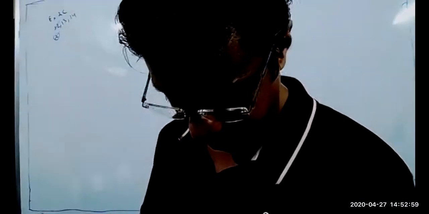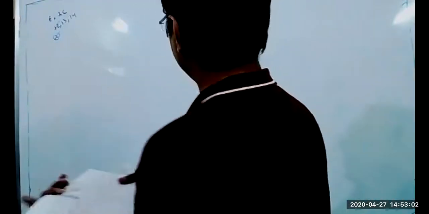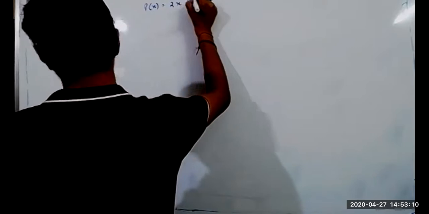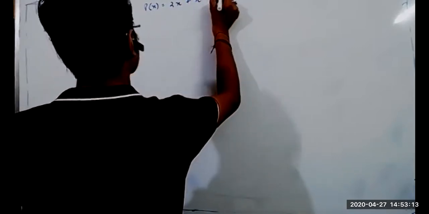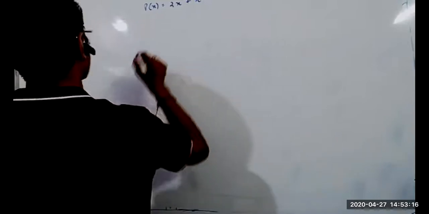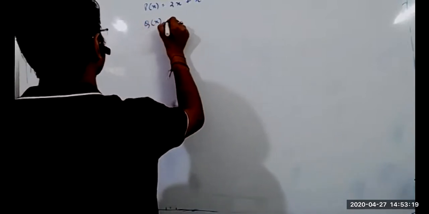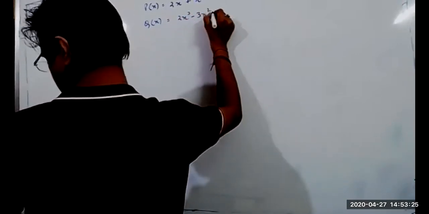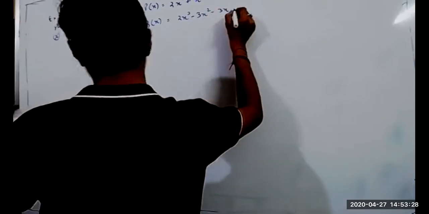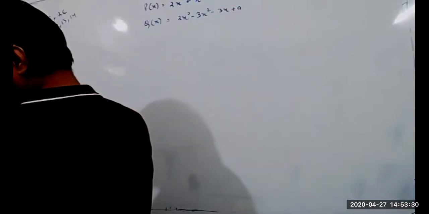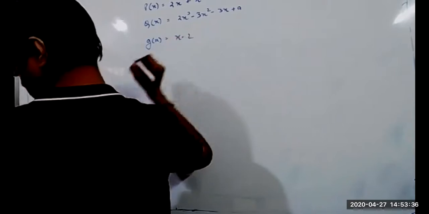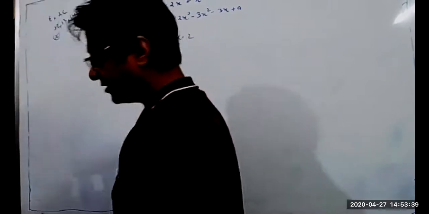The 13th question is, I'll write the polynomial. p(x) is equal to 2x cube plus x square minus ax plus 2, and I'll take another polynomial q(x), 2x cube minus 3x square minus 3x plus a, when divided by g(x), where g(x) is x minus 2, leave the same remainder. Find the value of a.